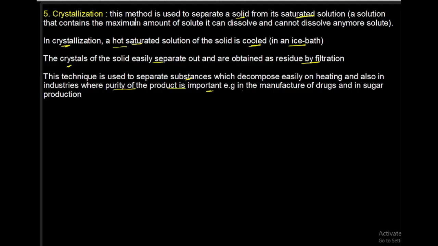Crystallization is employed also for substances that decompose easily on what? Heating. And also, it is a technique used when purity is of great importance, for example in the manufacture of drugs and in sugar production. So that is the key point about everything you need to know on crystallization.